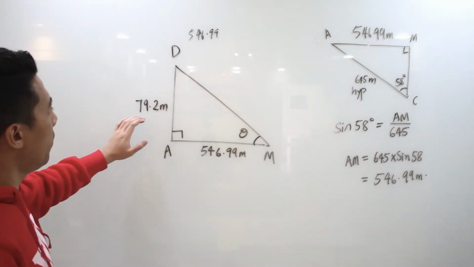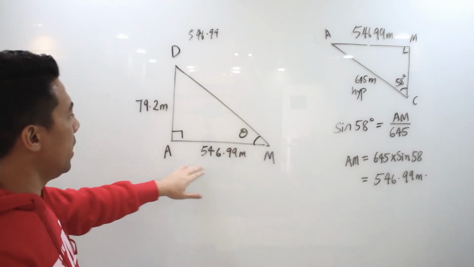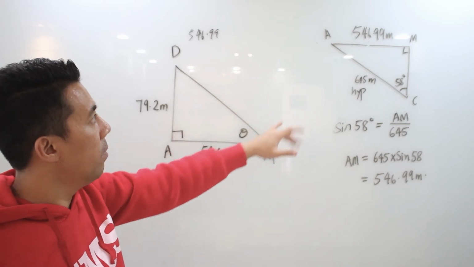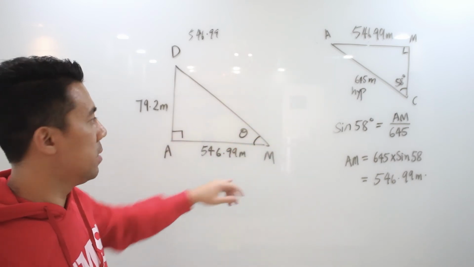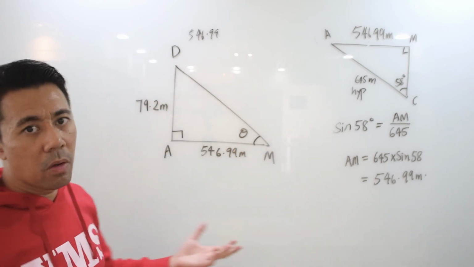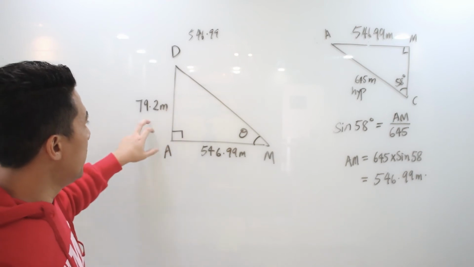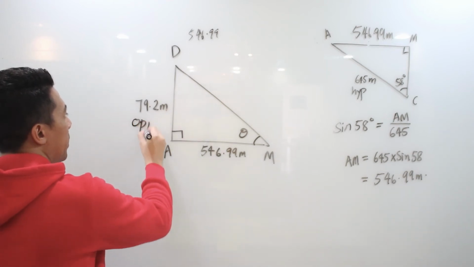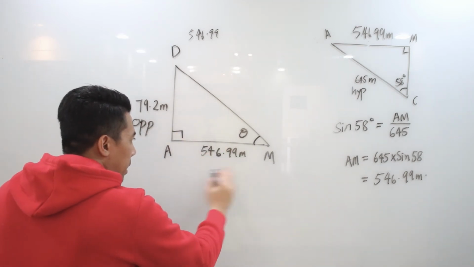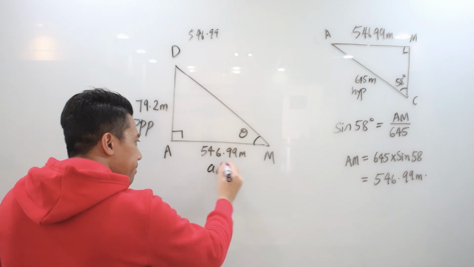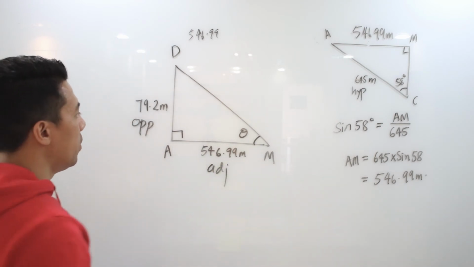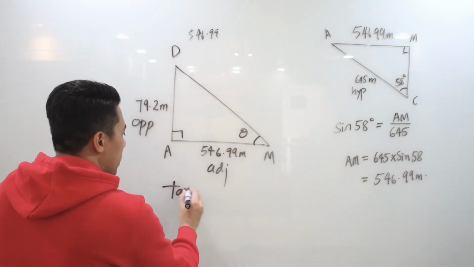So I already have two of the sides, where AM was found in the step just before this, AM 546.99 meters. This is the angle, therefore being a right angle triangle I can use my trigo function. This side will be the opposite because it is the side opposite to the angle. This length AM will be the adjacent, right? Adjacent.